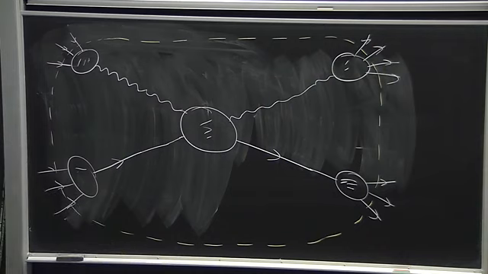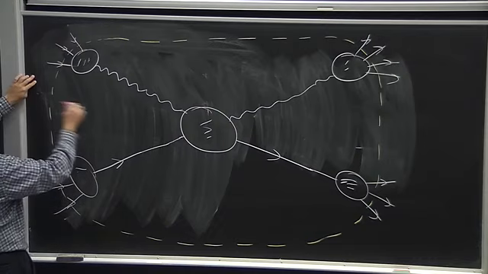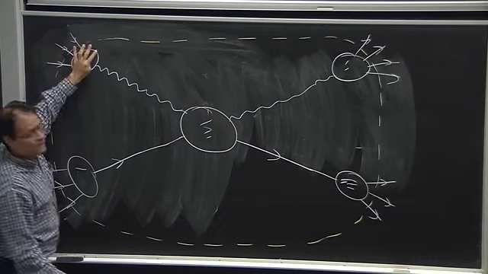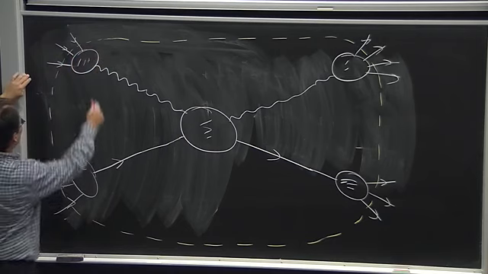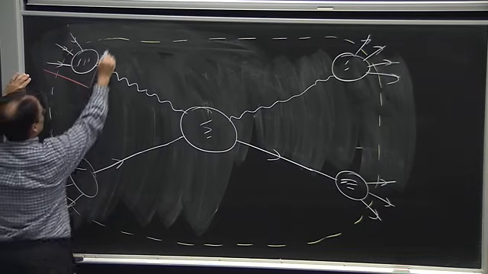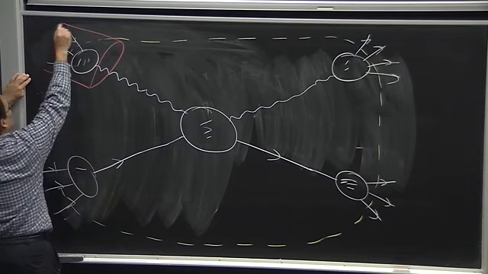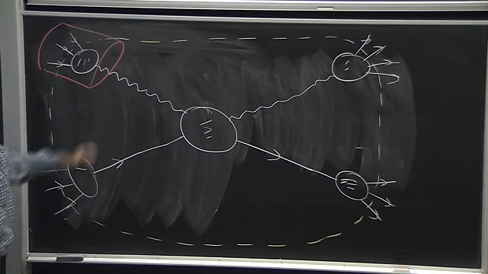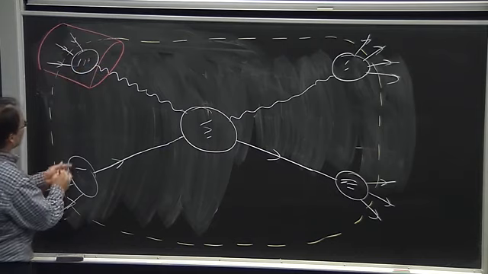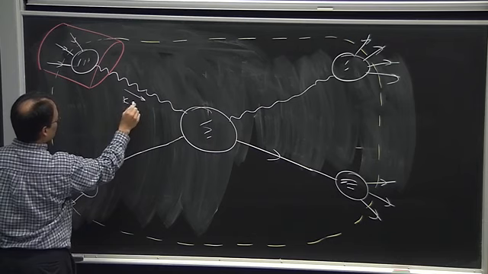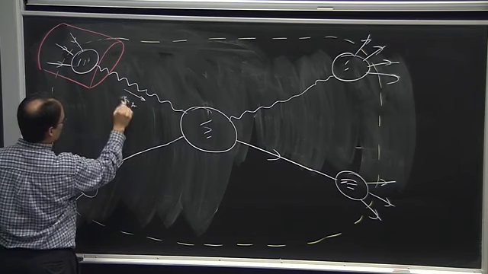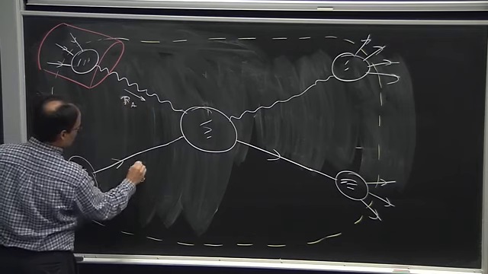Now, why do I want to think about this? As last time, when we discussed something like this, remember what these guys were in our thought experiment? These were the part of the experiment that produces one of the beams going in, with some momentum PA.